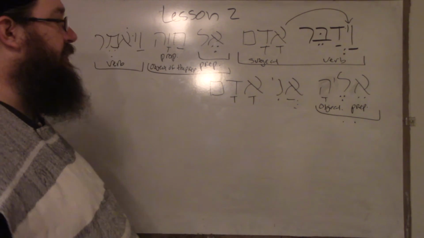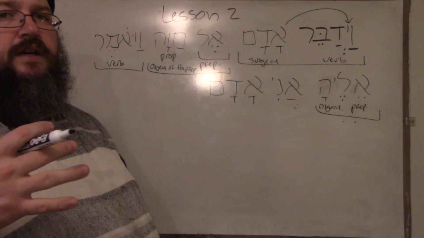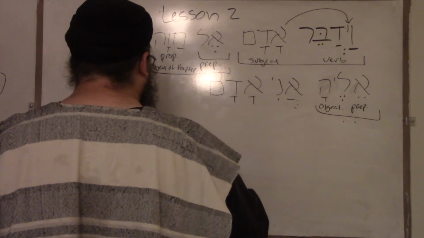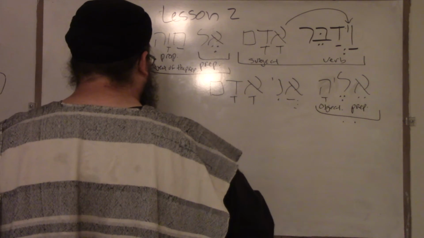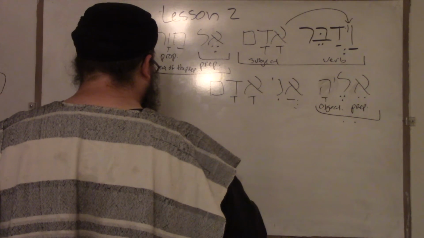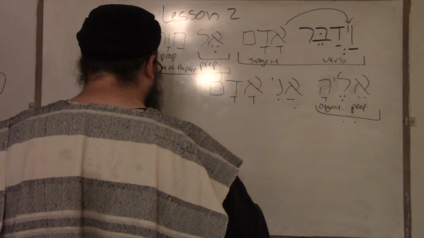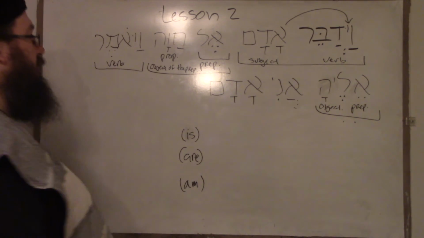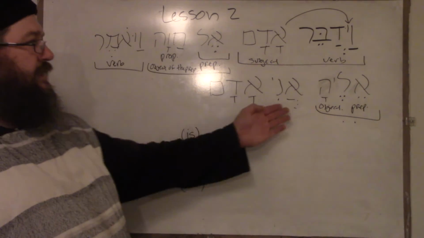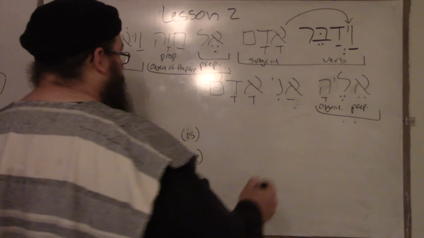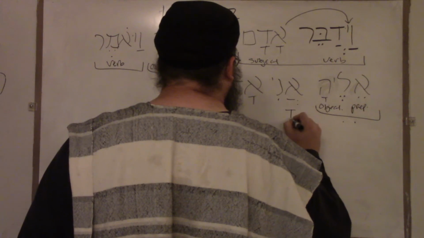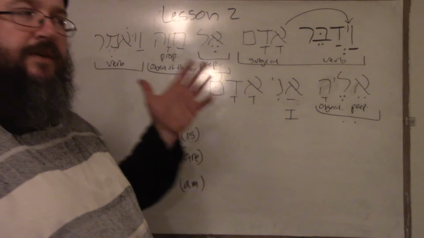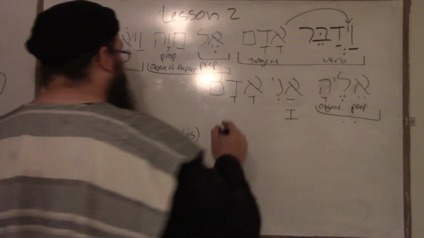A noun sentence is the English way of utilizing sentences by which you would use words like is, are, am. Okay? So, ani is the first person, which is the word for I. Ani Adam, so Adam is the proper noun, which is Adam. Okay?